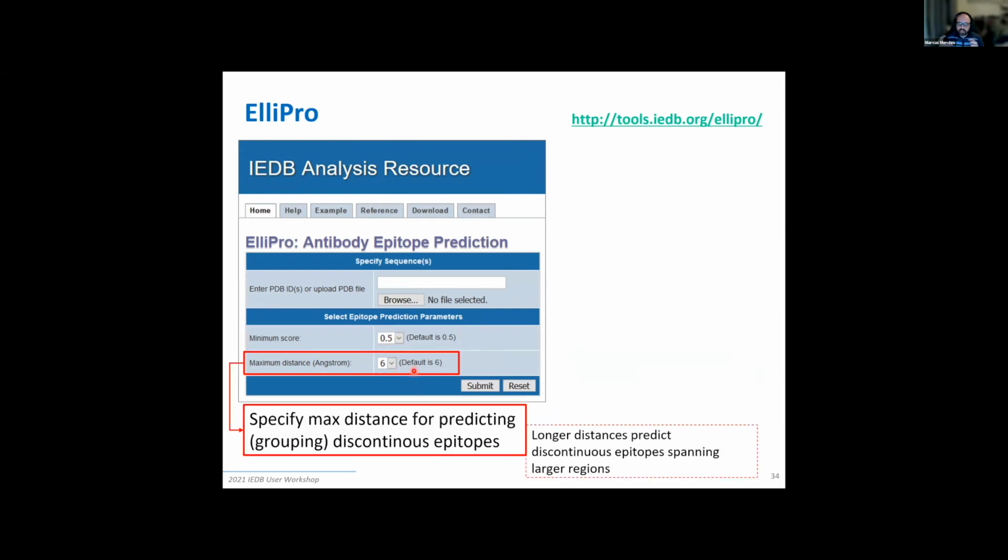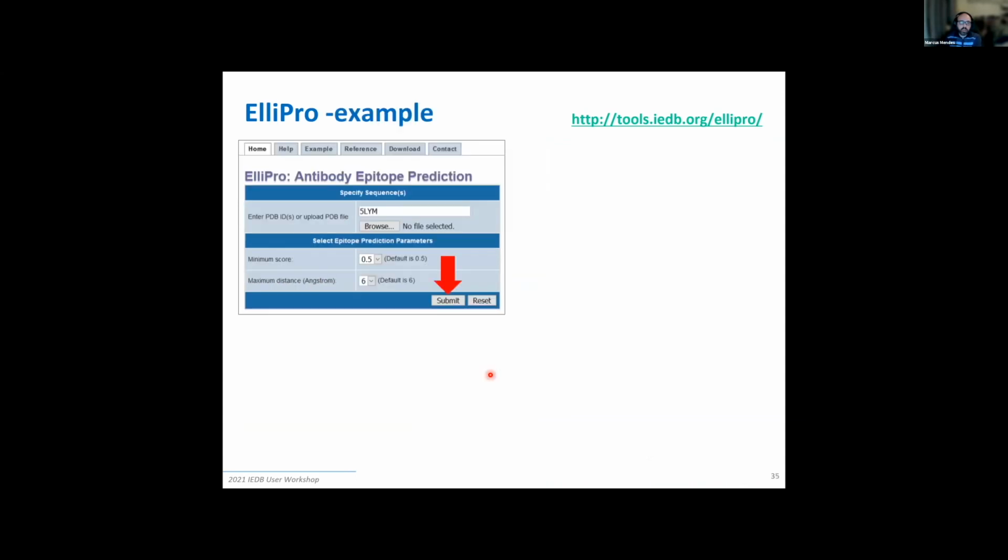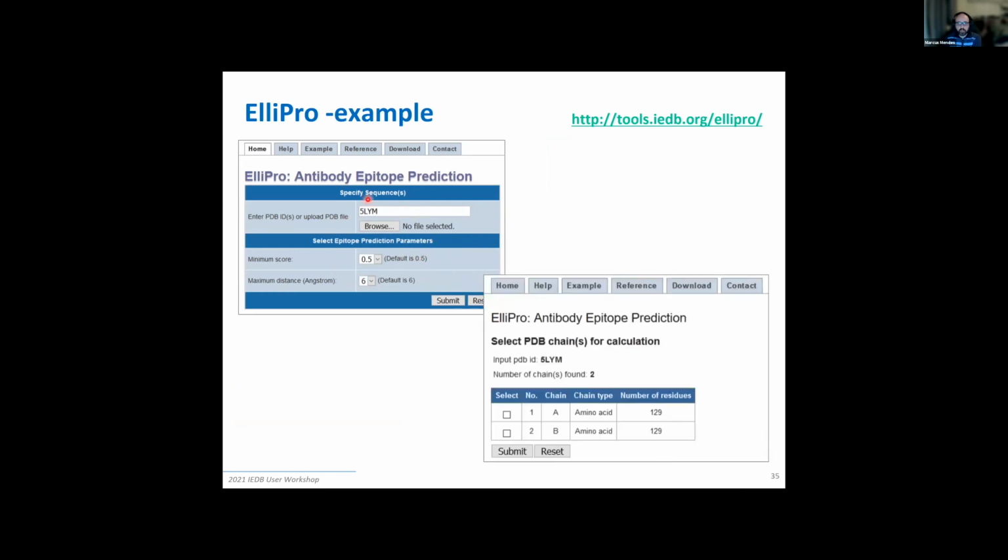The maximum distance is how far amino acids can be from each other inside the same epitope to be classified as part of that same epitope. We can use all the information, and the default as well. Then I select which chain we want to work with. We can work with both of them, but here I'm going to select just the first one, the A chain.